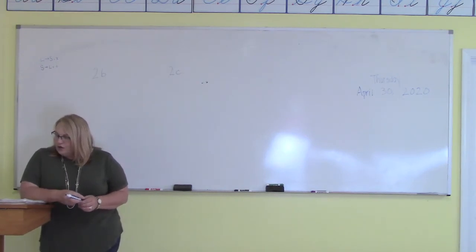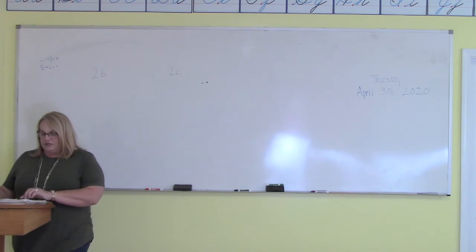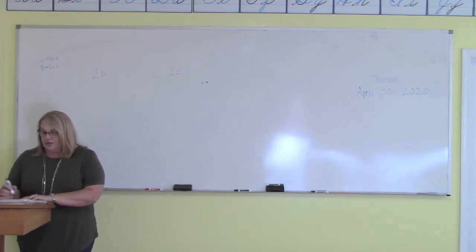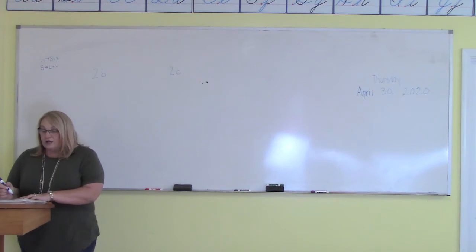Number 2, give all the names for these shapes. Okay, they gave us a square on A, and this one's been done for us to see how we can give all the names for it. So for a square, you have a simple closed curve. The points do not have an intersection. A square is a polygon.